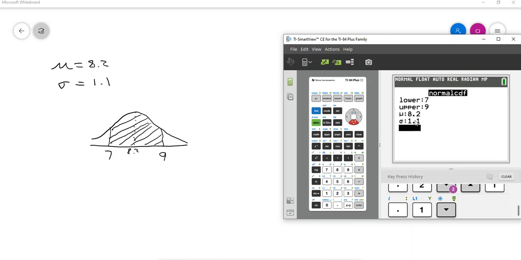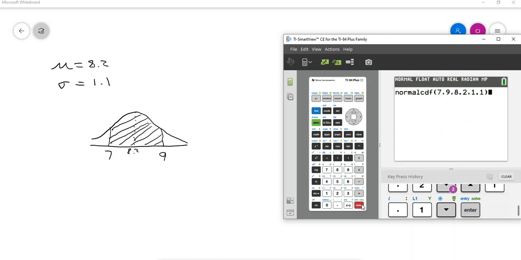So the newer calculator runs you through one more screen than the older ones do. So the rest of you with the 83, 84s, when I hit enter here, it's going to take you to what you really should have put in. So your calculator comes up looking like this, and then you put lower here, the upper, just like we did on the other screen, except you're writing yours out this way.